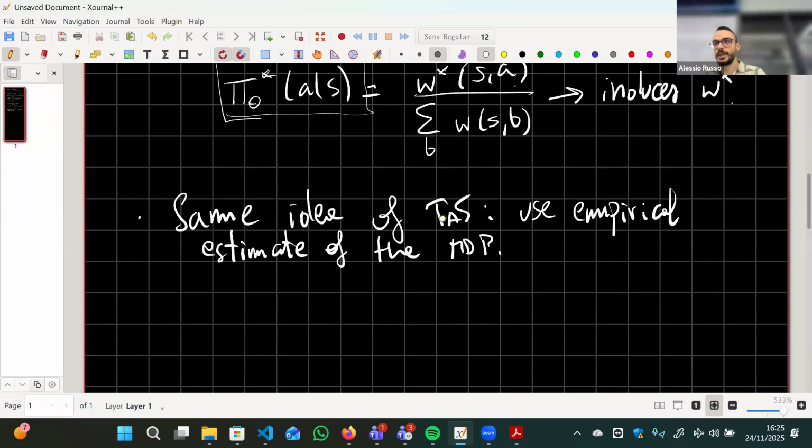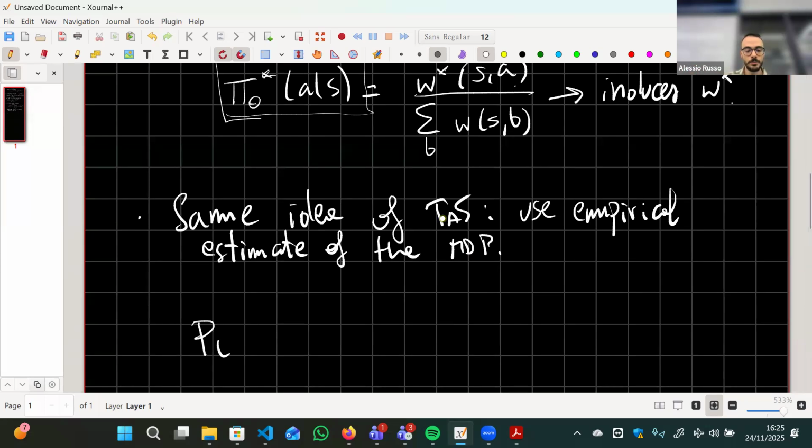So what is the empirical estimate of the MDP in this case? We make the assumption that we know the rewards. So we know the reward function. It's deterministic for simplicity. So the only thing we don't know is the transition function.